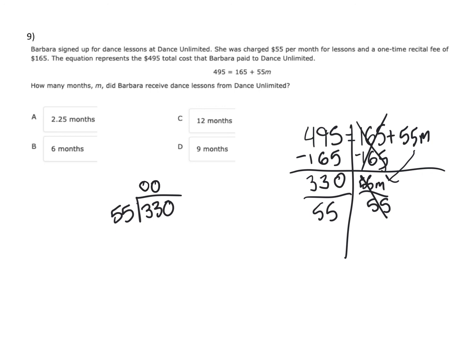The only way I can get 50 close to the 300 instead of 330 would be times 6, because I know 5 times 6 is 30. So let's try it. 55 times 6: 5 times 6 is 30, and 5 times 6 is 33. And that is it. So it is 6 as our answer, which is B.